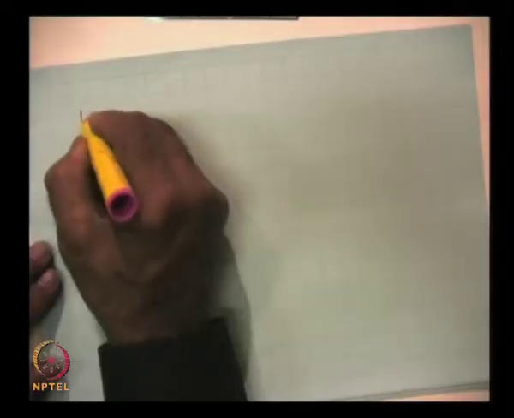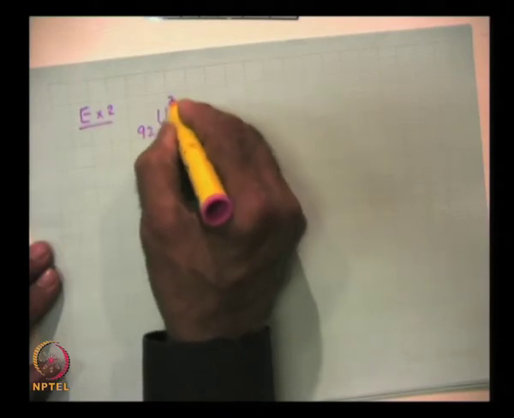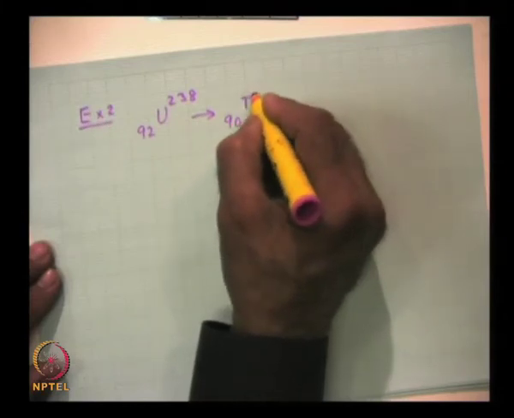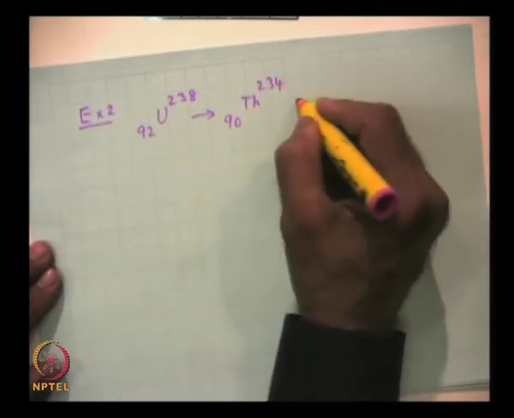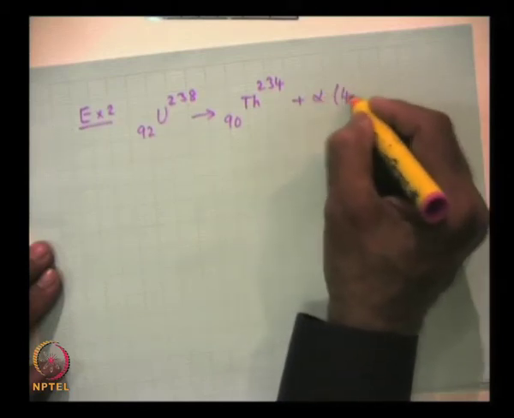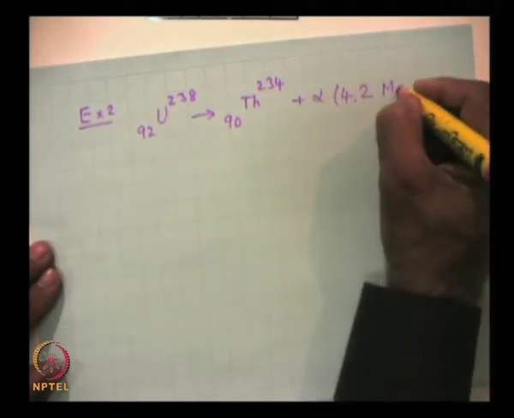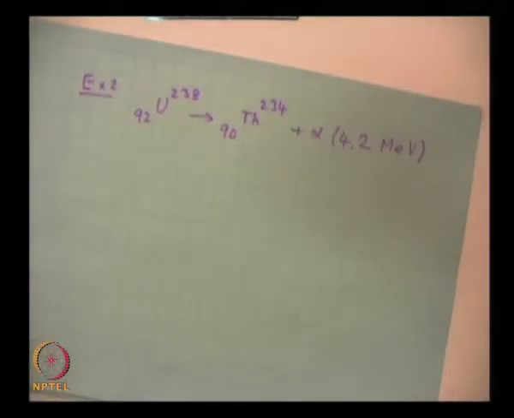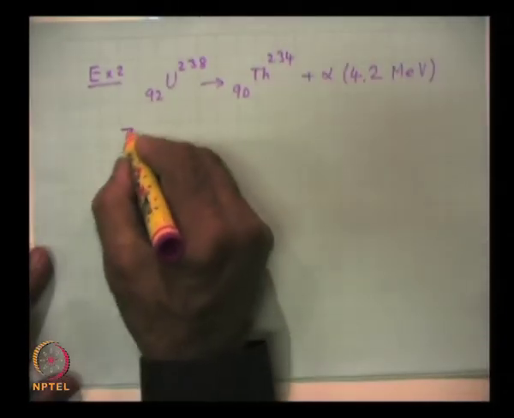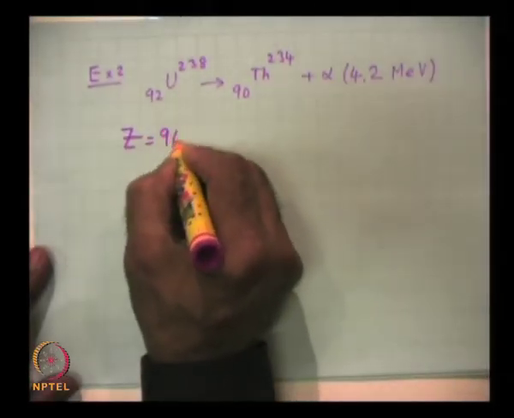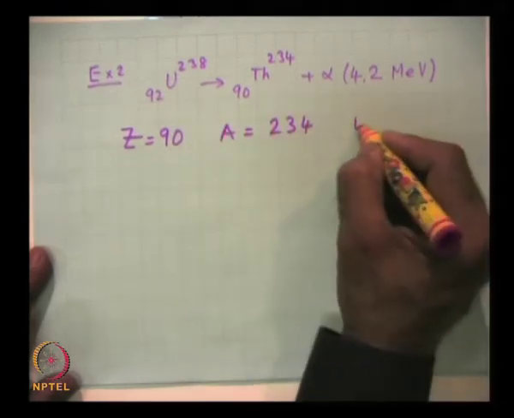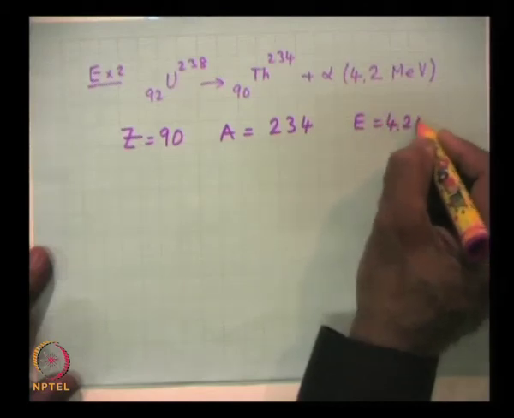And example 2 is 92 uranium 238 going over to 90 thorium 234 plus an alpha particle of 4.2 MeV. So, here Z is equal to 90, A is equal to 234 and E is equal to 4.2 MeV.